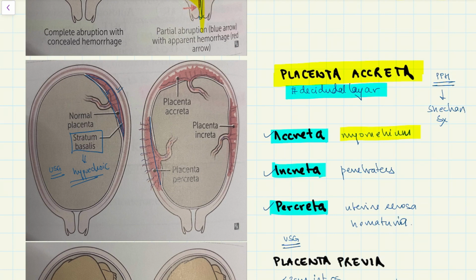In increta, the placenta penetrates the myometrium, while in percreta, it extends beyond the myometrium, that is, perforates through the myometrium into the uterine serosa. In placenta percreta, the placenta can even attach to the rectum or the bladder, leading to hematuria.